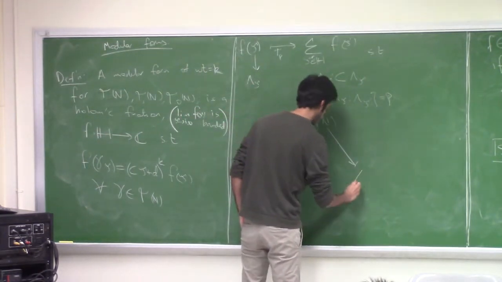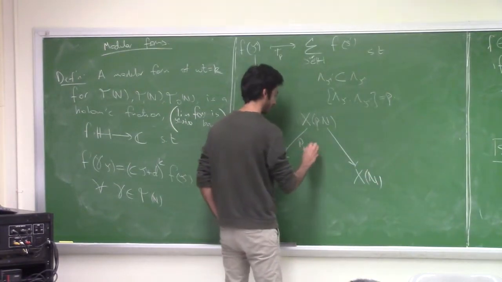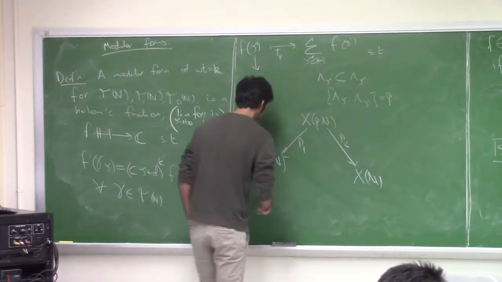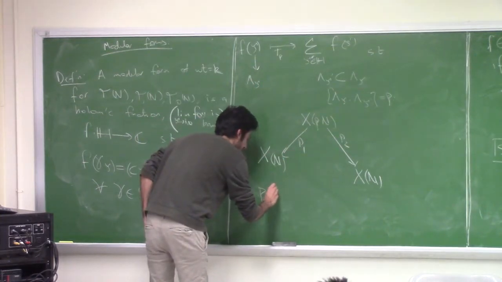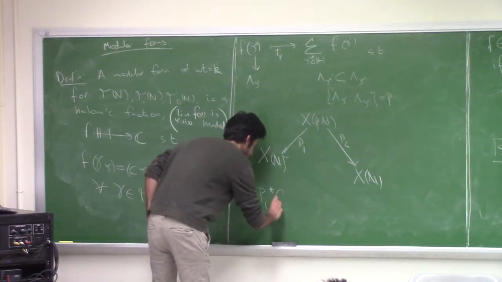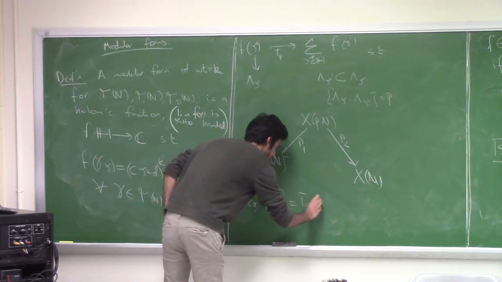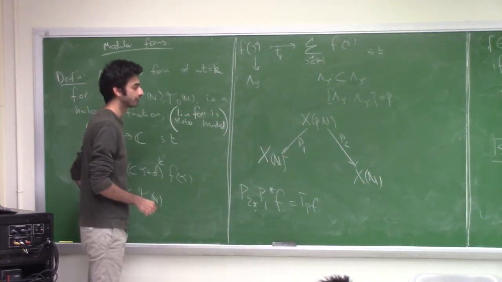But it covers it in two different ways, and the second way I will not be able to recall right now. P1, P2, and the action is basically given by pull back, push forward. So this is the more modern way of looking at it through correspondences.